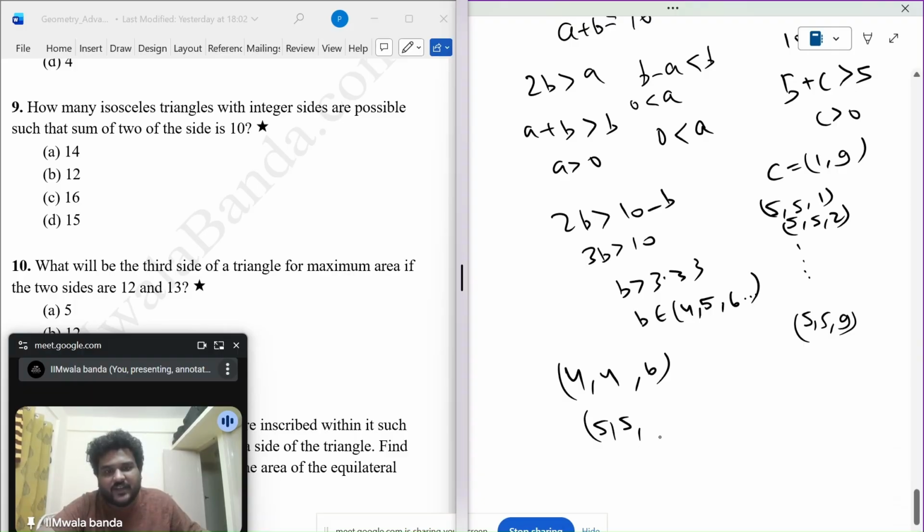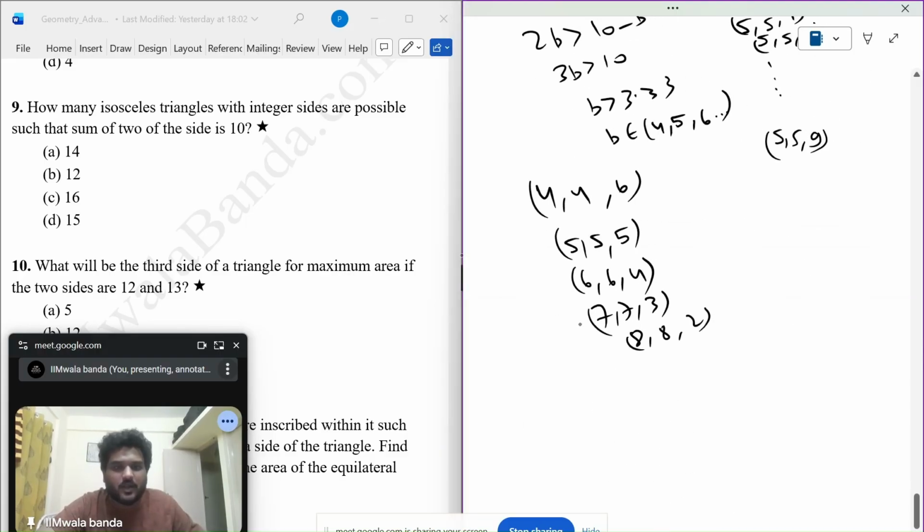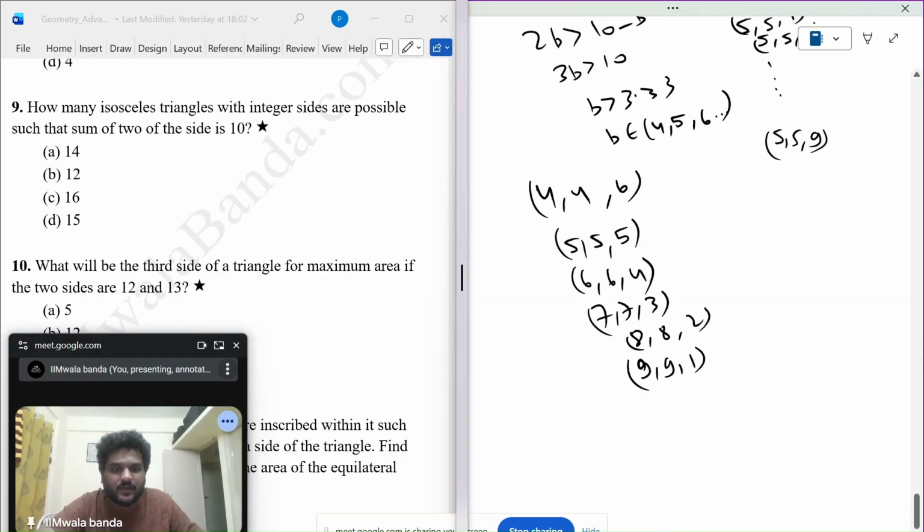If B is 5, other side also has to be 5 and the other side has to be 10 minus 5. 6, 6, 10 minus 6. 7, 7, 10 minus 7. 8, 8, 10 minus 8. 9, 9, 10 minus 9. 10, 10, 0 cannot be. So these are the cases. Also 5, 5, 5 is getting repeated. And they're all possible, right? Because if it is 9, 9, 1, 10, sum of two sides should be greater than third side. Yeah, these are all the cases.